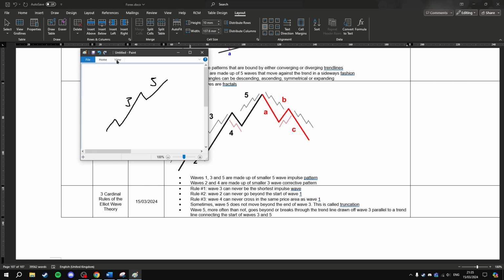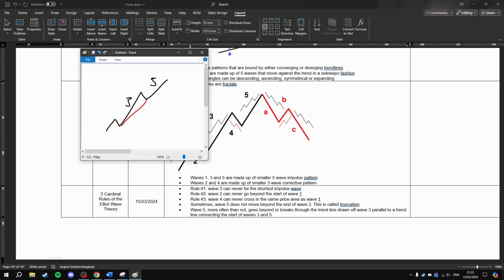So you've got a line here that's connecting the start of waves 3 and 5, drawn off wave 3 parallel to a trend line.